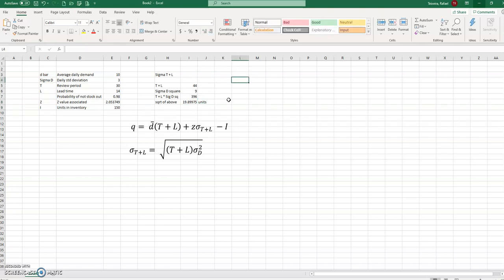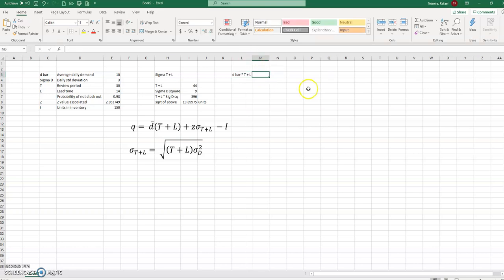Now I can compute k. But to compute k, I have first to compute this multiplication. Let's call this d bar multiplied by t plus L. So d bar multiplied by the t plus L we computed here gives 440 units.